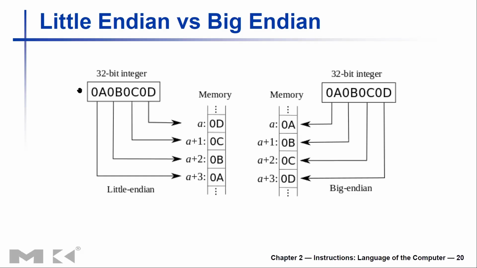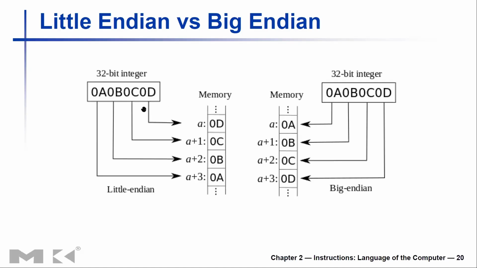An integer is stored as a 32-bit binary pattern. Now you have this 32-bit integer value, 0A, 0B, 0C, 0D. This is the word that you need to store in the memory.